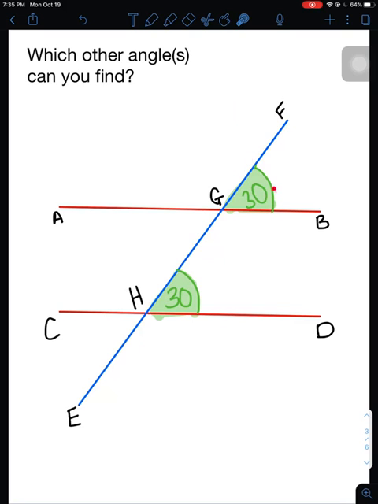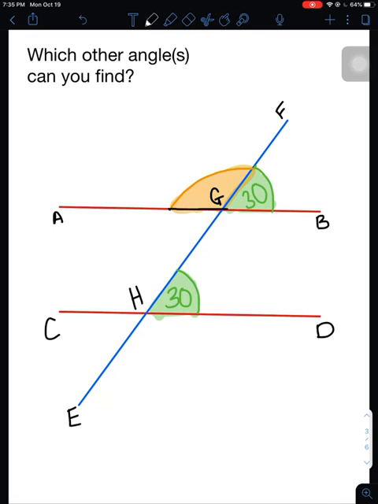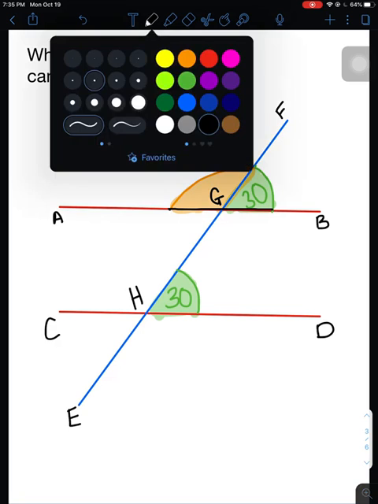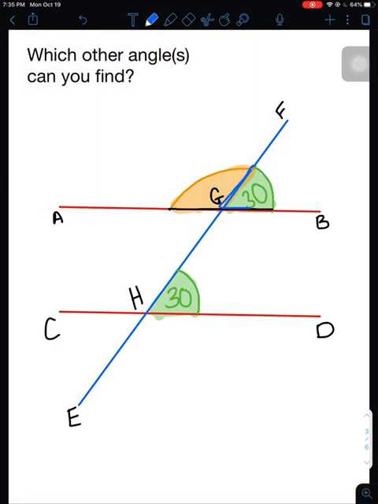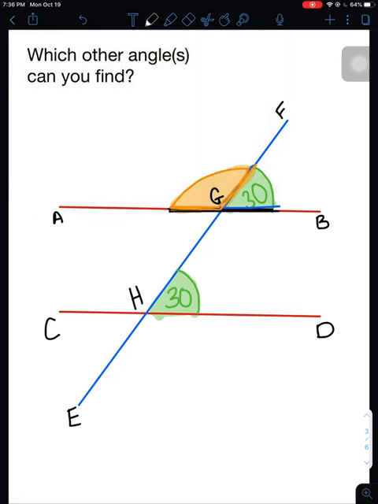So let's start with this top one over here. This angle measures 30, right? But what if I try to fit this corner as well, those two together like a puzzle? They come together and make a straight line down here. Do they not? This corner right here and this corner right here come together and fit to make a straight line right at the bottom.